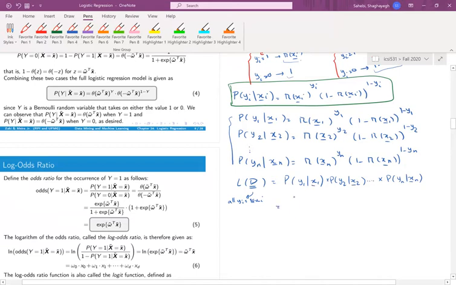And we can write it compactly as the product from i equals 1 to n of the probability of yi given xi. So this is going to give us the likelihood of our data.